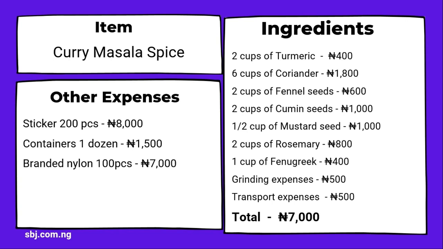So taking a look at this cost incurred, we want to calculate how much does a bottle of curry masala spice cost. How much does it cost Lola to make a bottle of curry masala spice? The total for other expenses is 16,500.